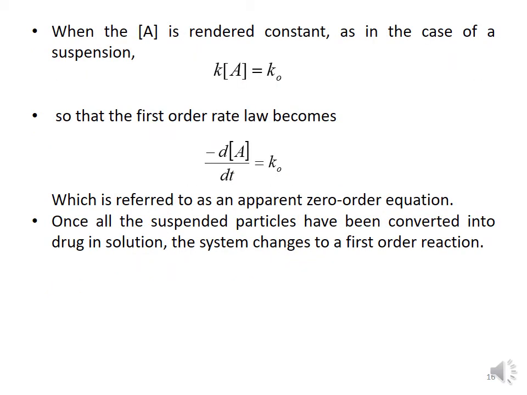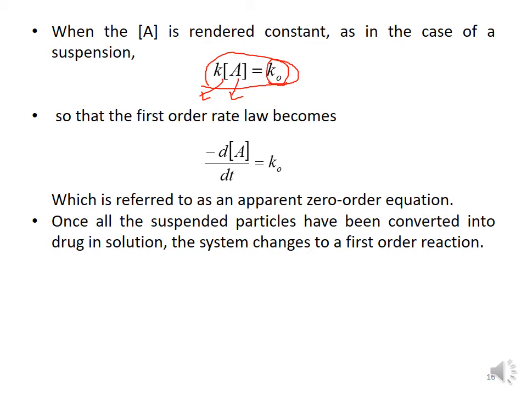As we mentioned, when the concentration A is kept or rendered constant in the case of a suspension, then the first order reaction rate constant multiplied by A equals K naught, which is the zero order or apparent zero order rate constant. K is the first order reaction rate constant, and A in this case is the solubility.